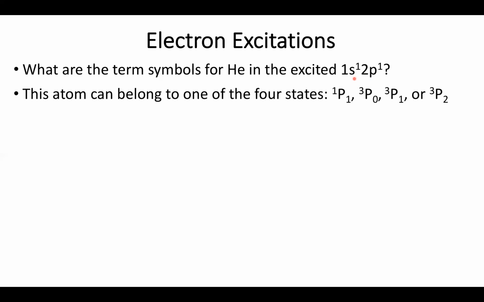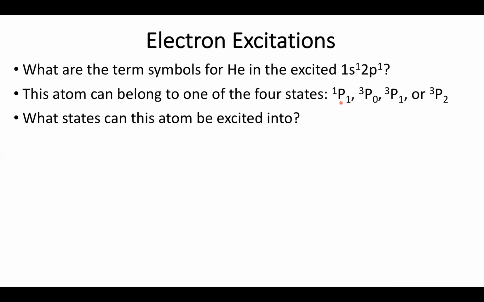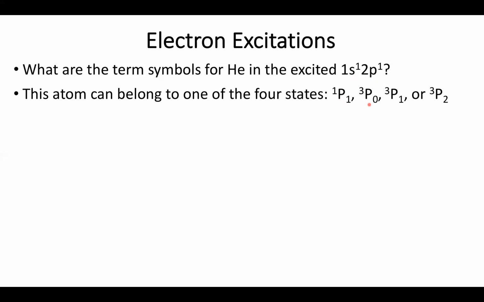So either my spins can end up pairing and I end up with a singlet p, and J has to equal L. Or my 3 spins, my spins as before can couple against, with, or in a different direction to my orbit. So again, this all is in agreement with Russell-Saunders coupling of J equals S plus L, S minus L, or anything in between.